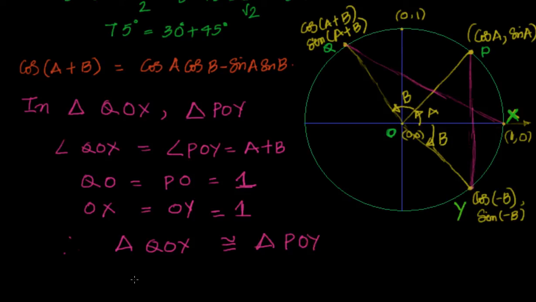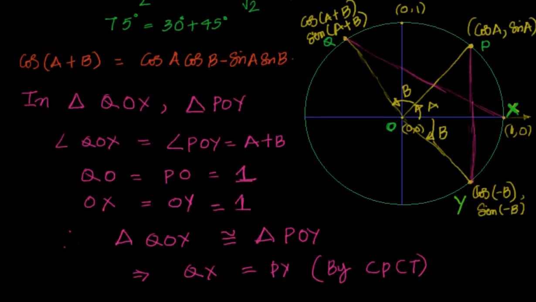Now, if I know that, then I can say directly QX is equal to PY. How do we know that? It is nothing but CPCT, corresponding parts of congruent triangles, because these two are congruent triangles. When two triangles are congruent, all the corresponding sides should be equal, corresponding angles also should be equal. So QX should be equal to PY.